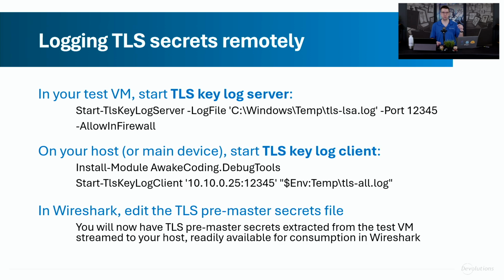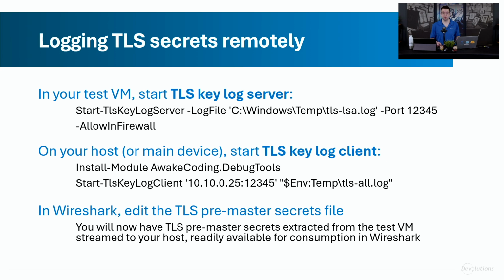The goal here is that in my test VM, I have my TLS master secrets extracted from the LSA. I have a TLS keylog server that just watches for changes and streams those changes to any TCP client connected. On my host device, I have a client connected to that server that receives those TLS master secrets and streams them to another text file.